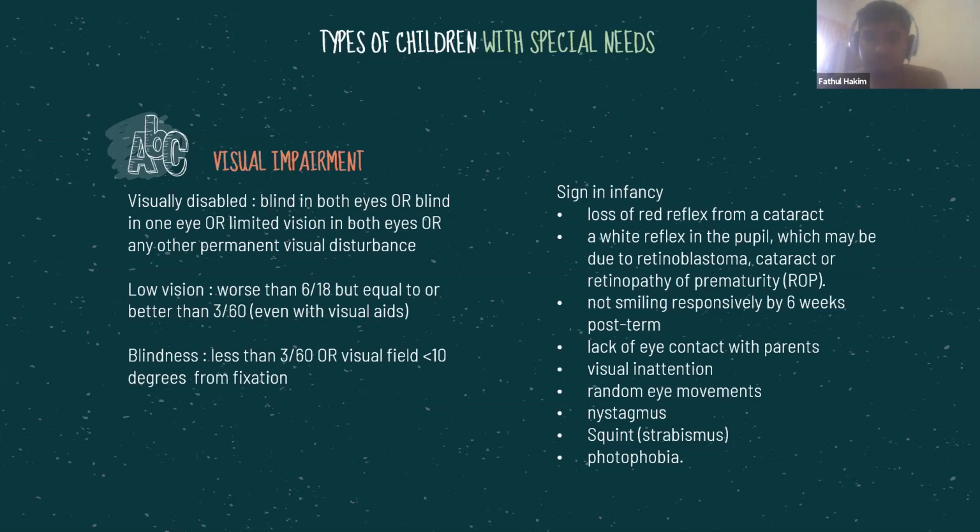Not smiling responsively by 6 weeks, lack of eye contact with parents, visual inattention, random eye movement, nystagmus, squint or strabismus, which means there is misalignment of the visual axis, and photophobia. What are the causes of visual impairment in children?